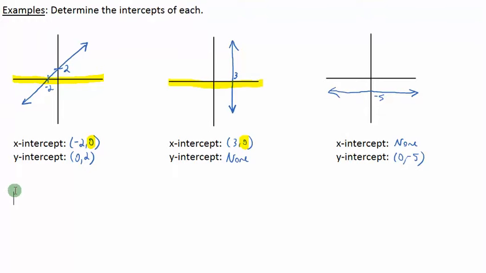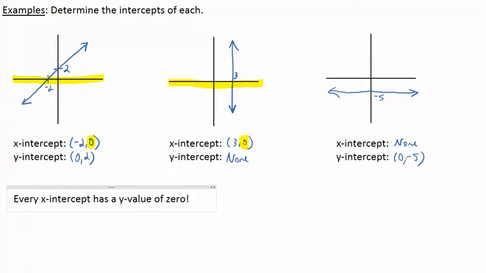So every x-intercept has a y value of 0. And similarly, if you look at a y-intercept, you get an x value of 0. That's because every y-intercept does not have a horizontal component.